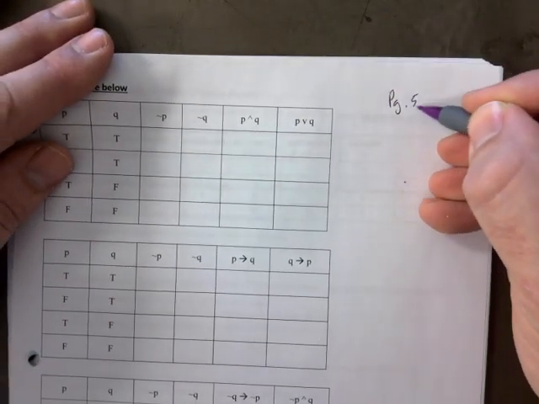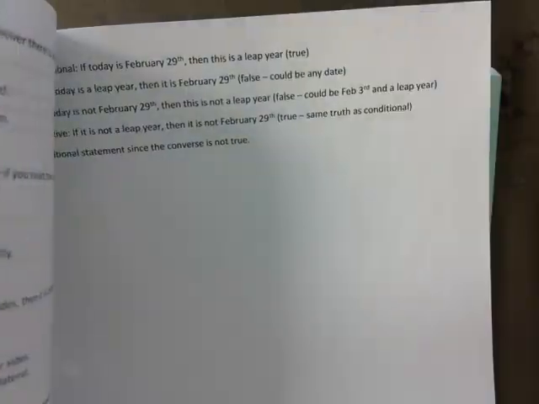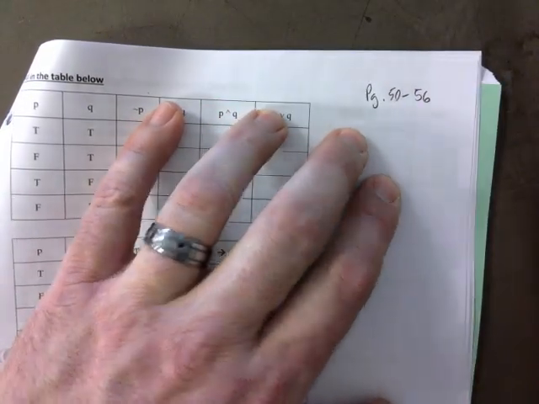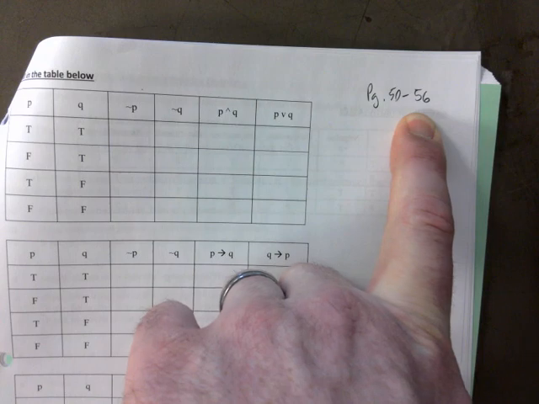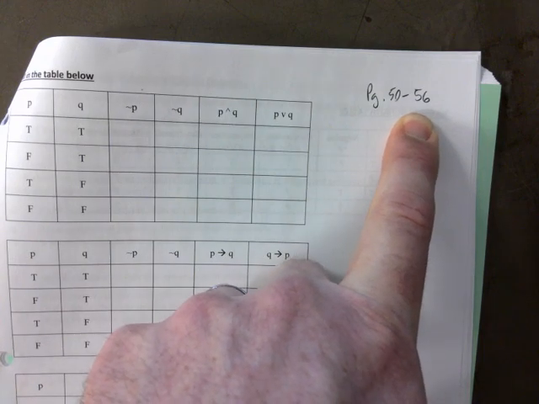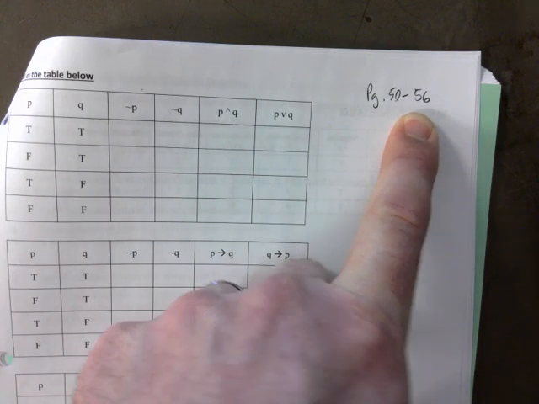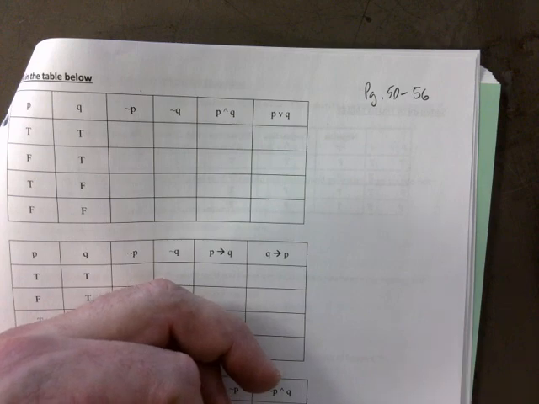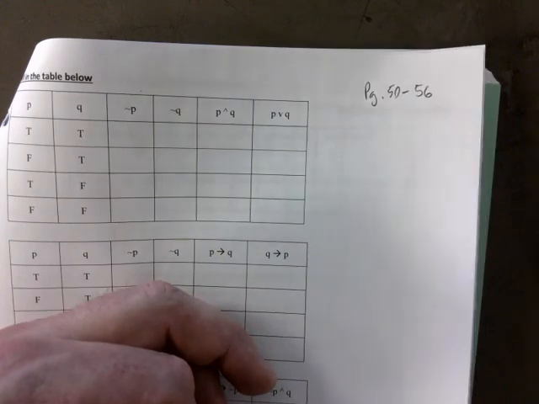Page 50, and I will just tell you that the logic goes all the way to 56. And you're like, what? It's all multiple choice. If you want to test your knowledge, anything past 50 is all just multiple choice. So if you want to test your knowledge on conditional statements, that's where you do it.